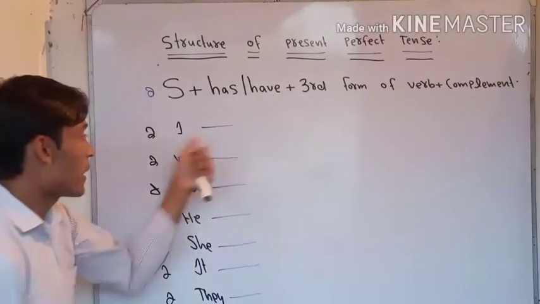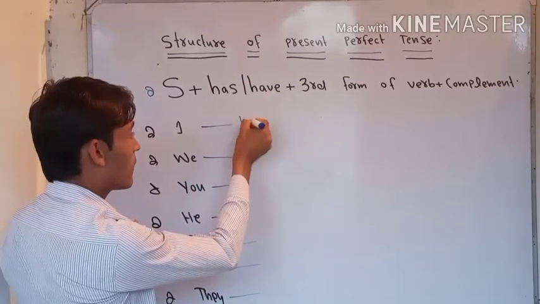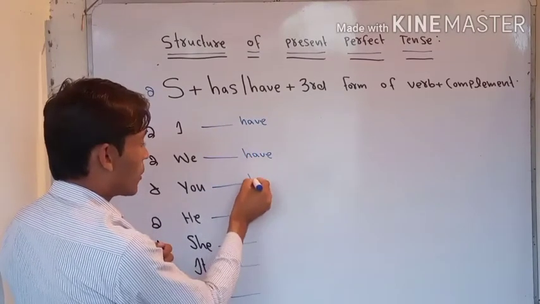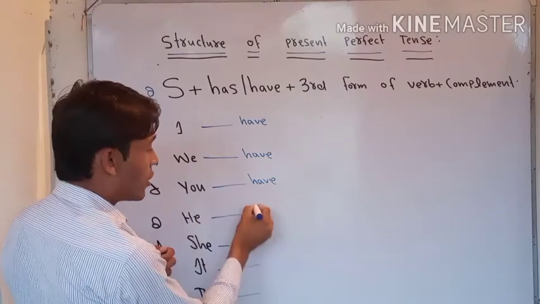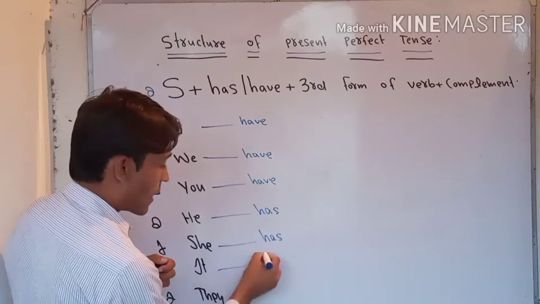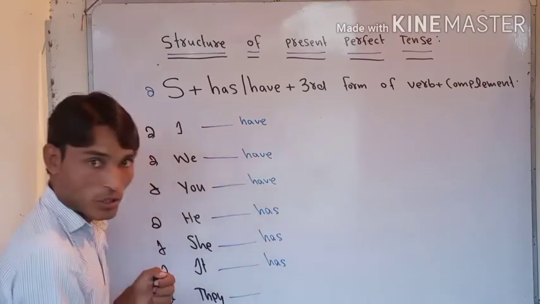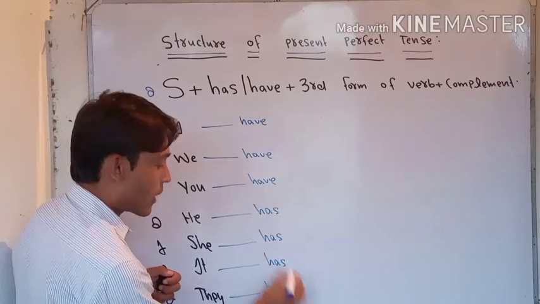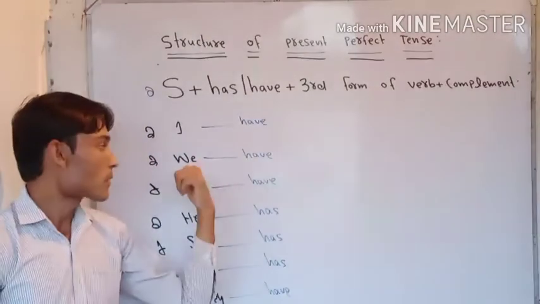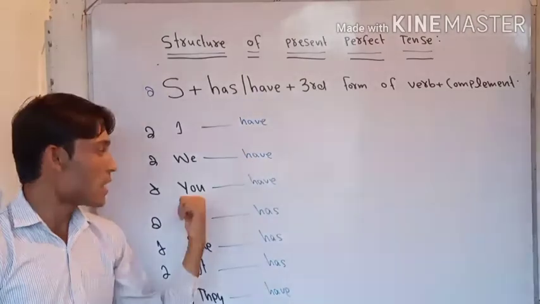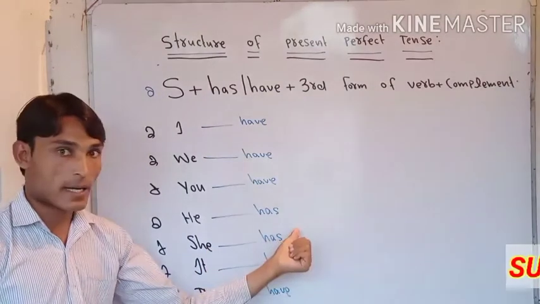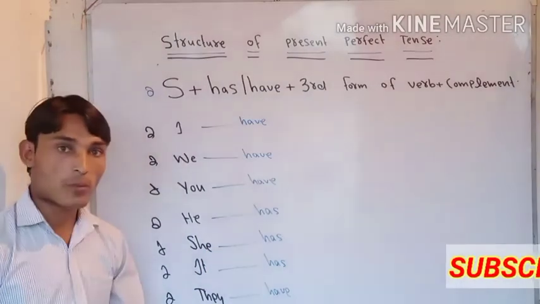After I we add have, after we we add have, after you we add have, and after they we add have. After he, she, it, and a singular noun we add has. And if it's plural, we add have.